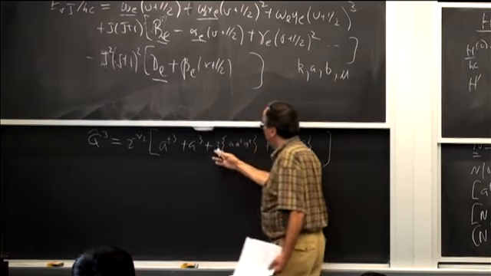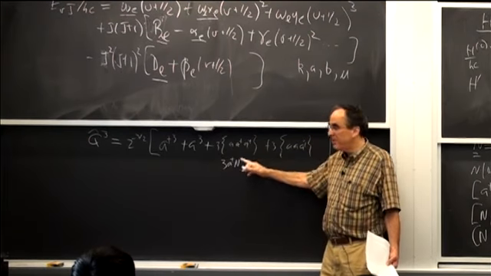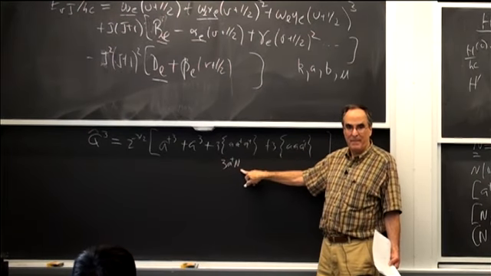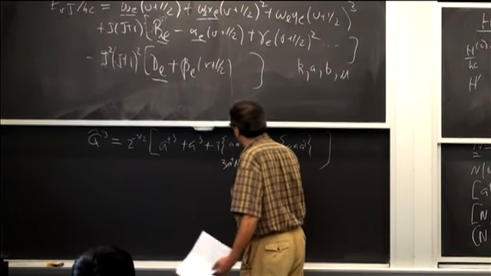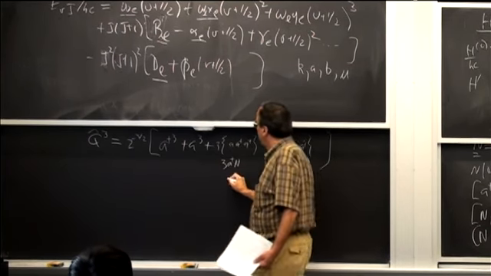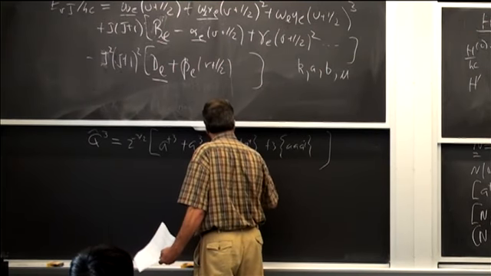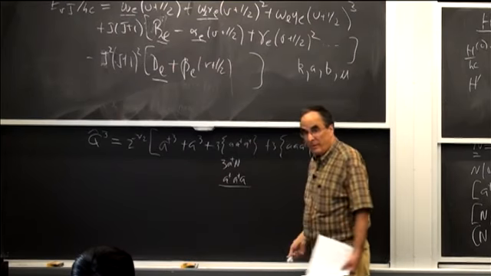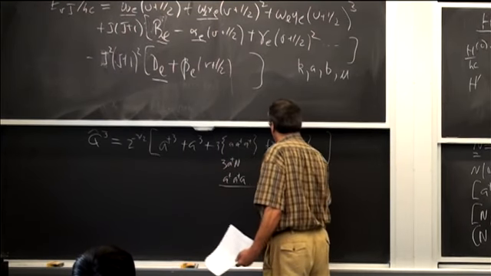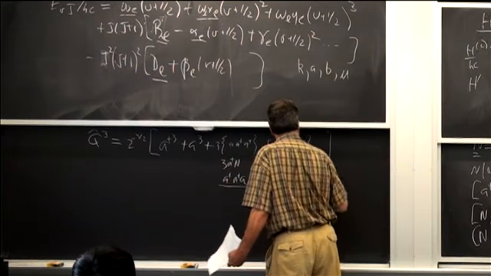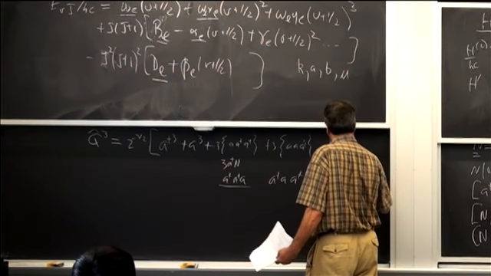So let's extract from these 3 terms 3 times a dagger n. And so what does that look like? a dagger n looks like that. So that's one of the 3 terms. We have a dagger a a dagger, and we have a dagger a dagger a.